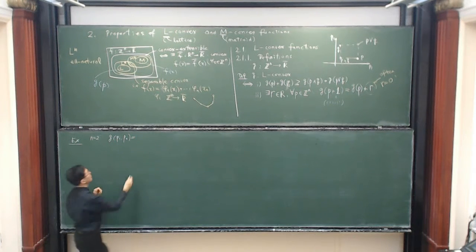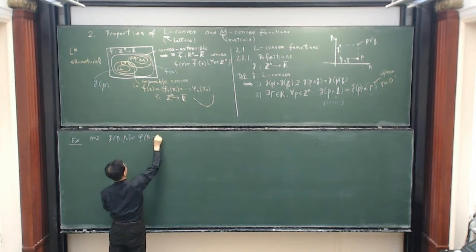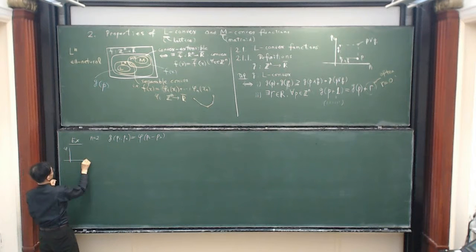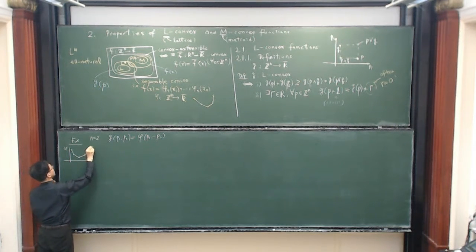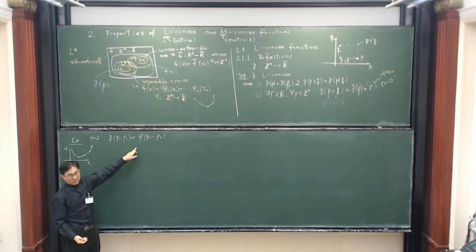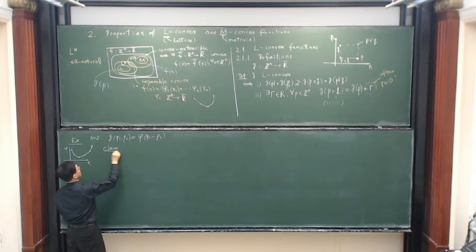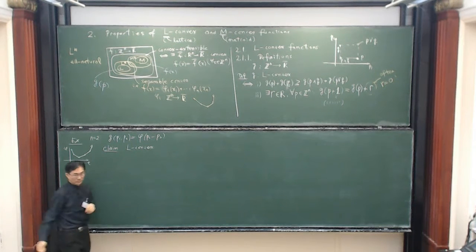Now consider such a function phi. Phi is a univariate concave convex function. So phi looks like this, the familiar object. And the claim is that this is an L-convex function.